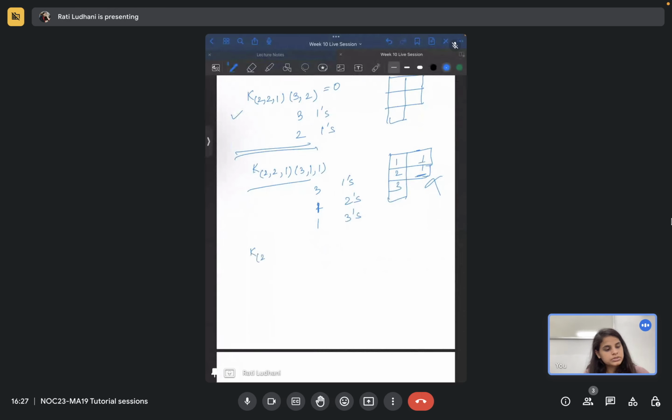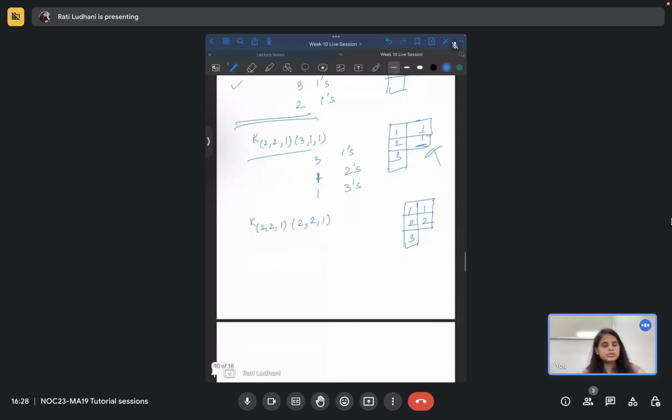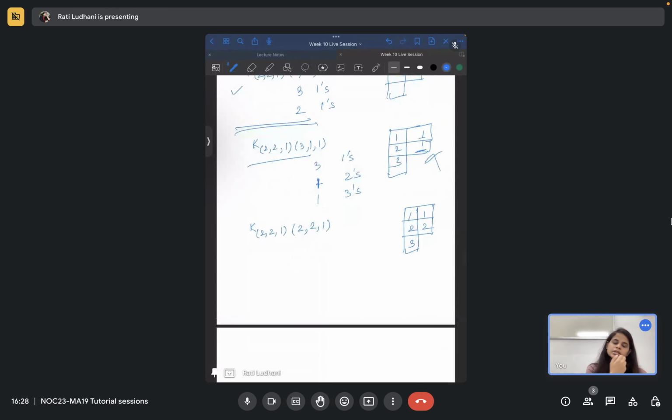Okay, let's see the next one then. 3 1 1 is done. Now you have 2 2 1. First column is 1 2 3, and second column 1 2. So when this is equal, then we will definitely have exactly one option.